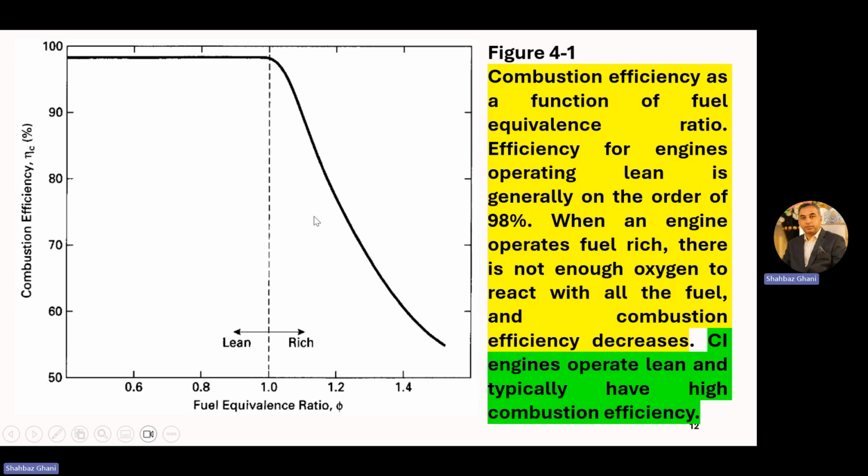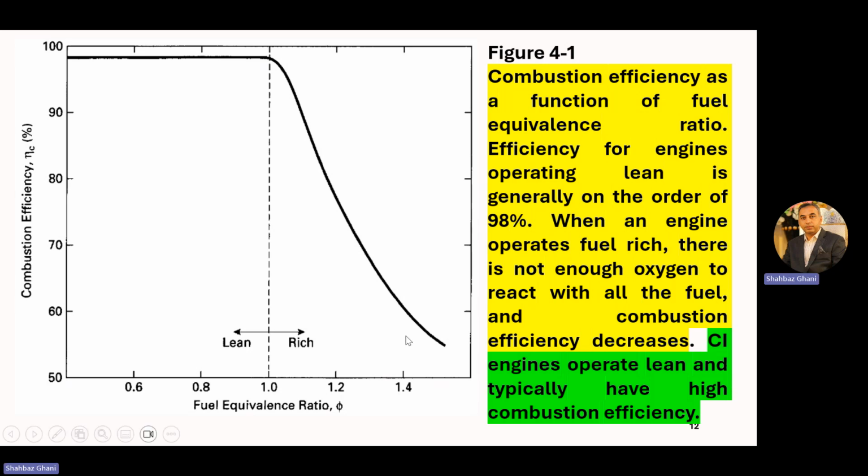When we have a rich mixture, meaning less oxygen, the combustion efficiency will drop with the increase in the fuel equivalence ratio. In the lean region up to 1, we have 98% combustion efficiency, meaning 98% of the fuel is combusting with the oxygen.